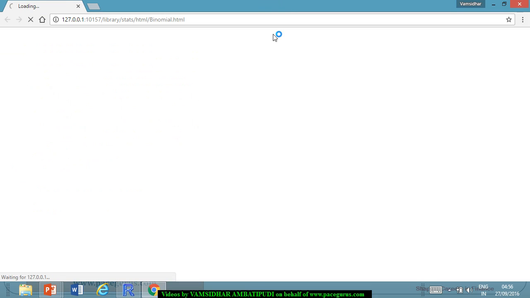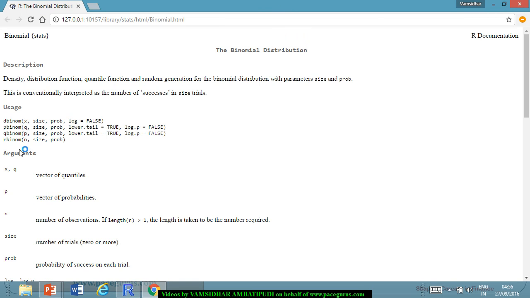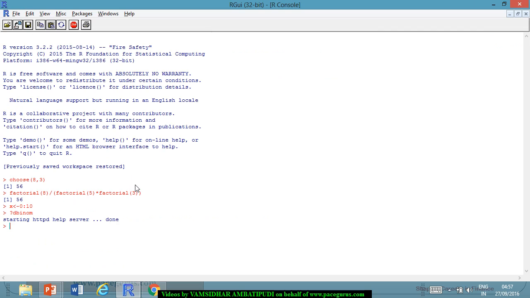Now if you look at this dbinom as a function, I am giving one x, which is 0, 1, 2, 3 and so on. The size is nothing but the number of trials, so I am doing it 10 times, so the size is 10 trials, and probability is nothing but the probability of success on each trial, which is 0.2. So I have to give those as an input.